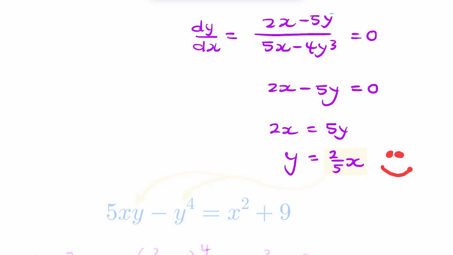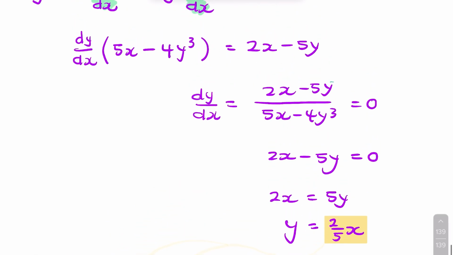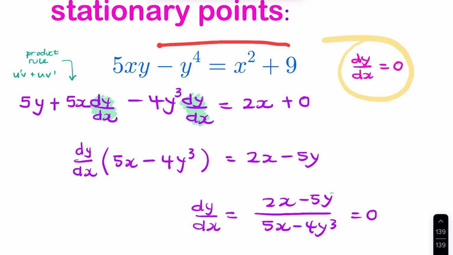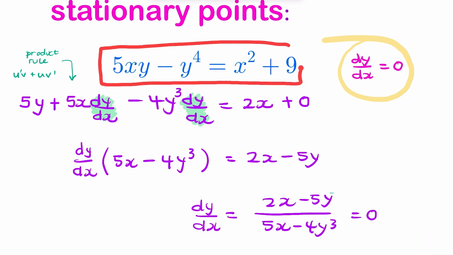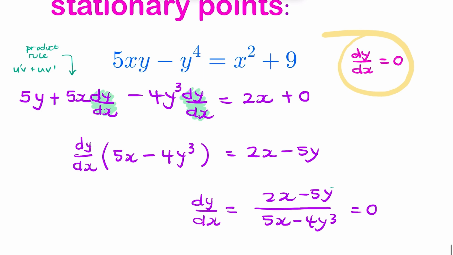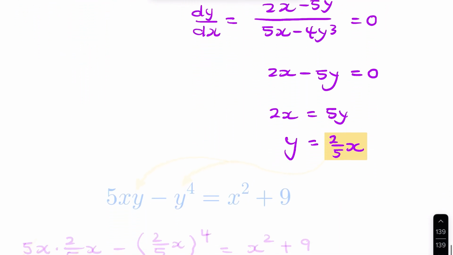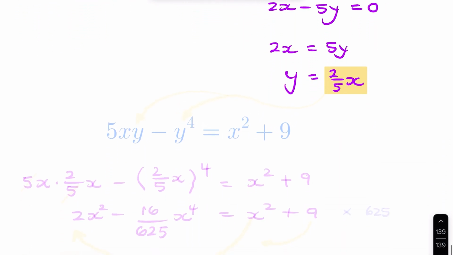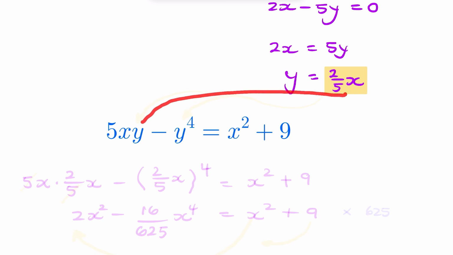So that's really helpful. Now we have y in terms of x. So now our function, the curve that we were given, we can rewrite, replacing every y with 2 over 5 x. So I can now take the original function from up there and replace y.